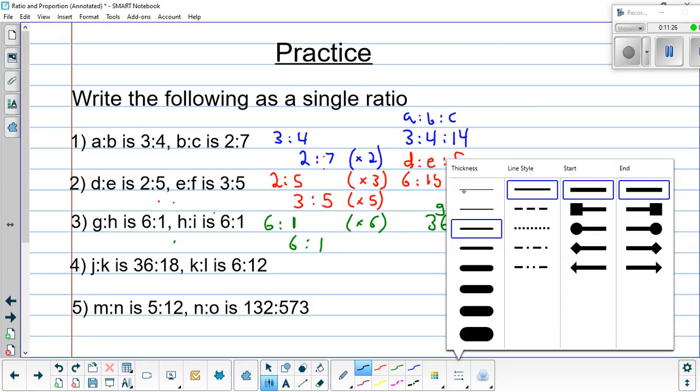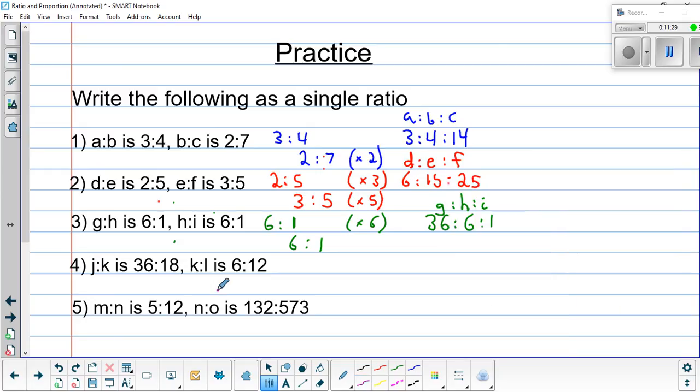Looking at this one. So we have 36 to 18 is J to K, and then K to L is 6 to 12. So 6 to 12. So we could either multiply or divide here. I'm actually going to choose to divide, and because we haven't done a divide so far, we'll get the same answer as long as we simplify. But we haven't actually done division yet. So here, I can divide by 3, and I notice that'll match up.